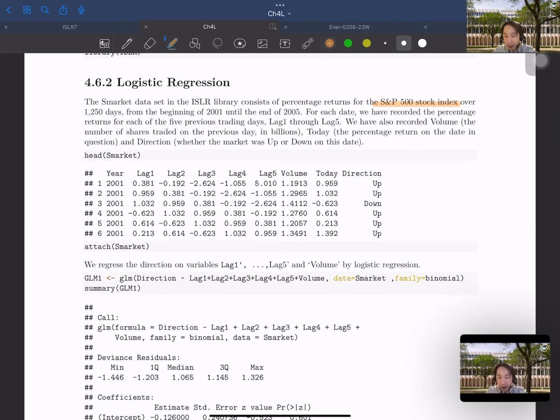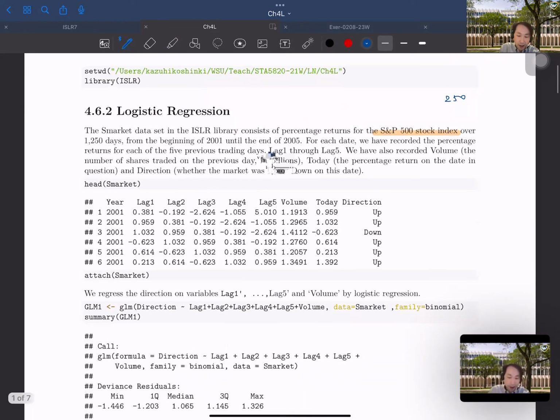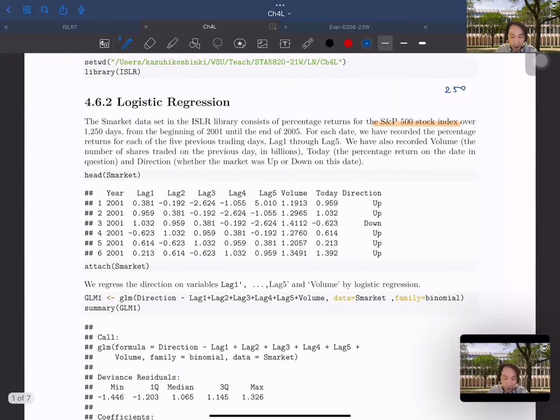Each year we have about 250 business days. One year is 52 weeks, each week has 5 business days, and there are some holidays, so about 250 business days. This is from 2001 to 2005.